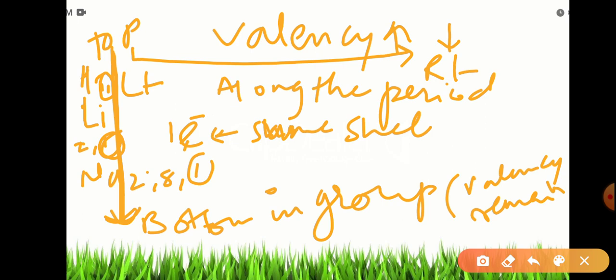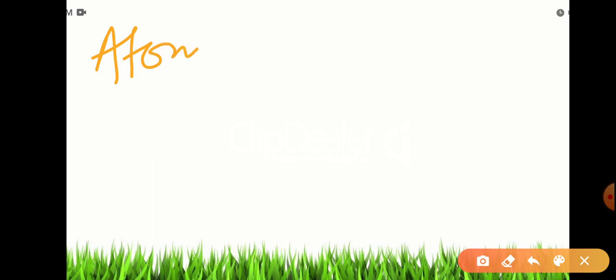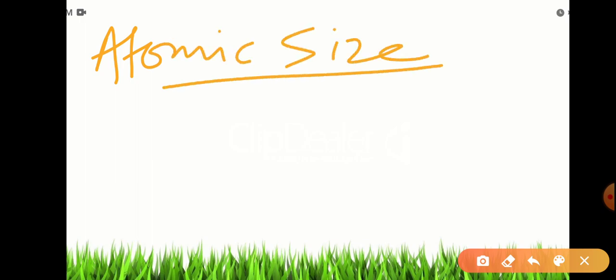Now the next concept we will see is atomic size. What is atomic size basically? See, this is the nucleus of an atom, and you need to understand one concept over here, that is the electron cloud. What is this electron cloud?